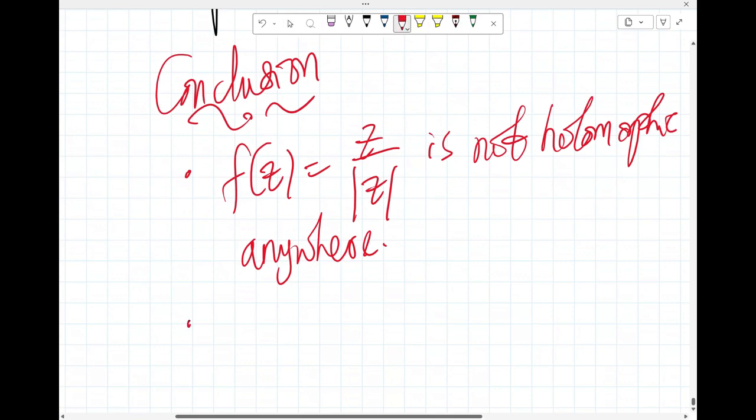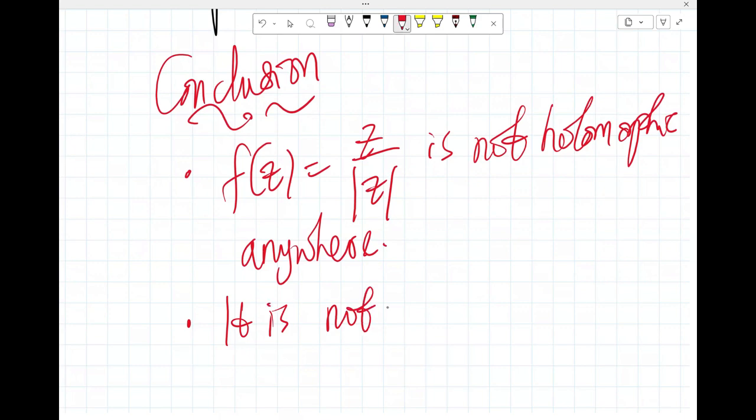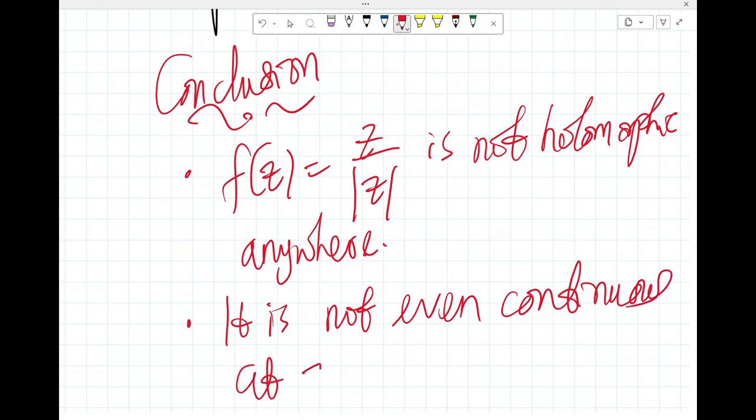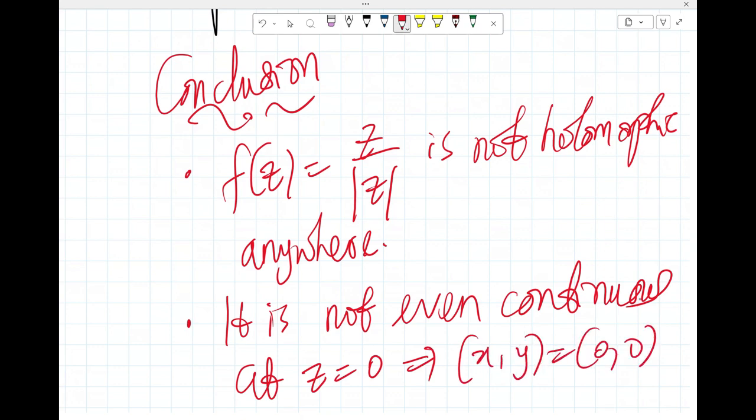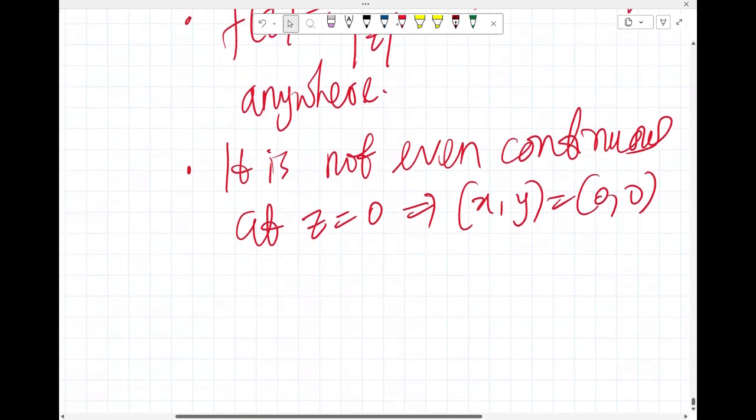It is not even continuous at z equals 0. Z equals 0 implies that x comma y is equal to 0, 0, so at 0, 0 it's not even continuous.